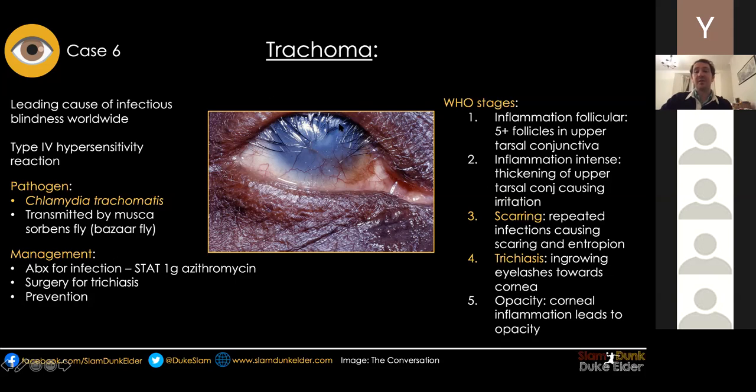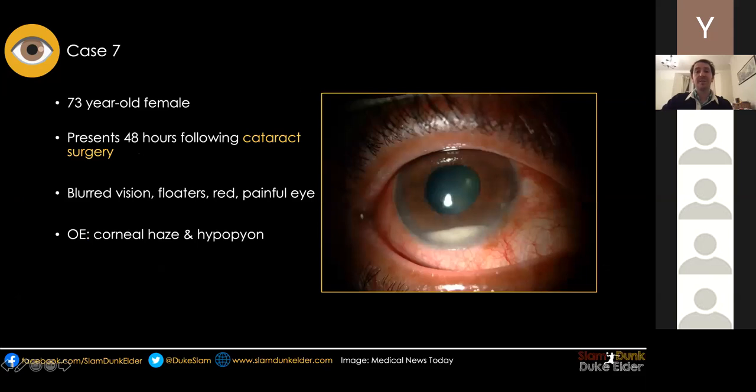We give antibiotics for the infectious part, but if this develops and causes these eyelash ingrowths, then you can do surgery for that. But obviously the main thing here is prevention is better than cure, and it's all about hygiene, especially with this being the leading cause of infective blindness.